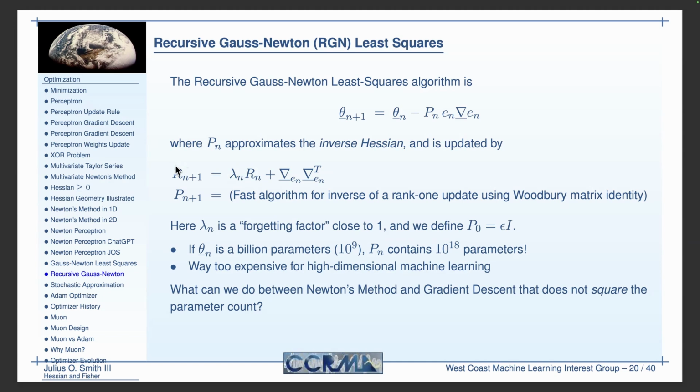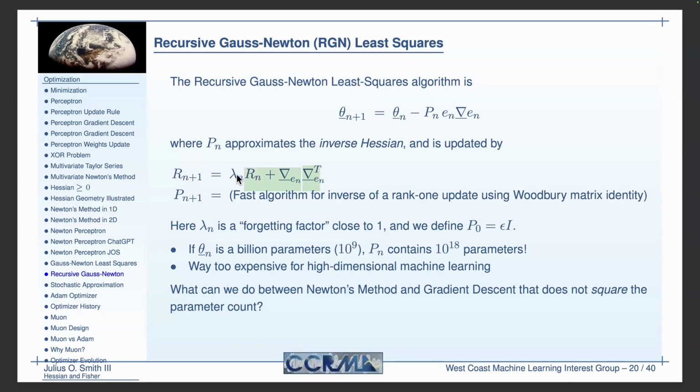And so that's the Hessian update, and then the inverse Hessian requires a fast algorithm that works for a rank one update. So this is a rank one update, and there's this thing called the Woodbury matrix identity that you can look up on Wikipedia or wherever to get the details of it.